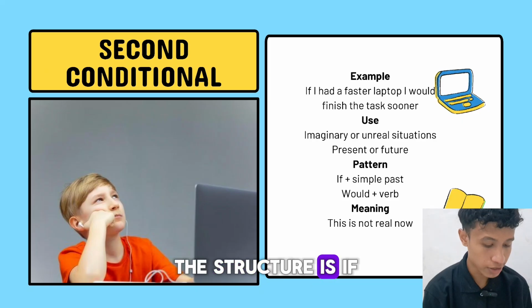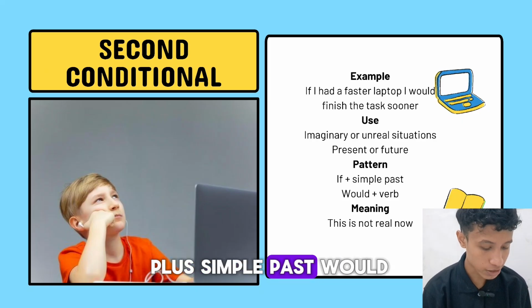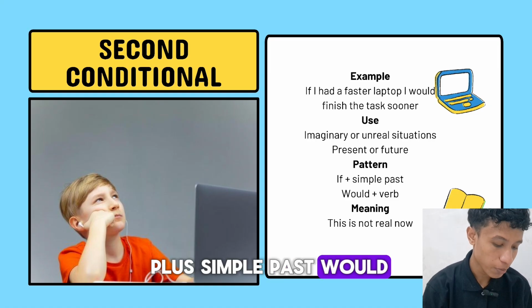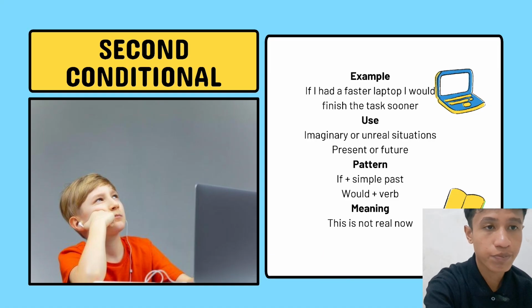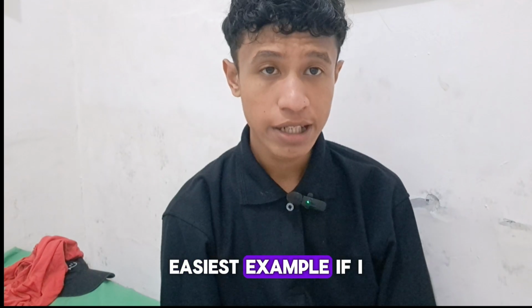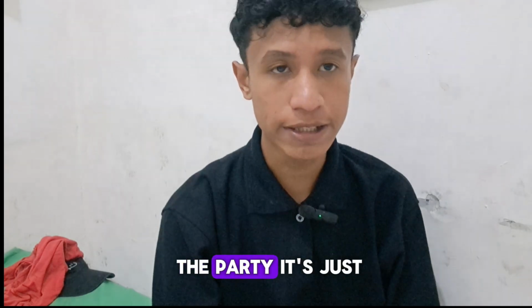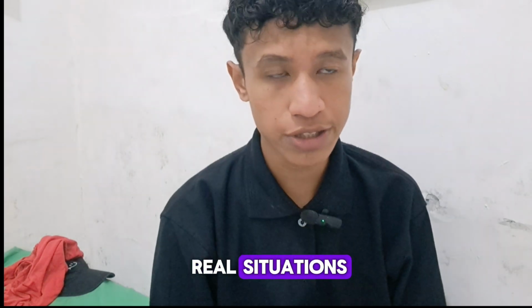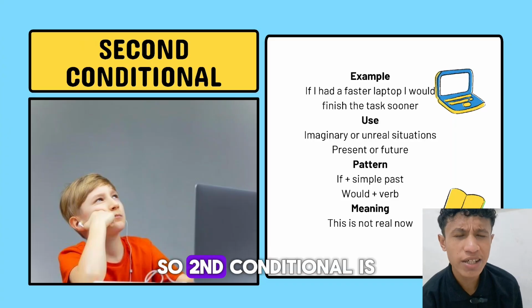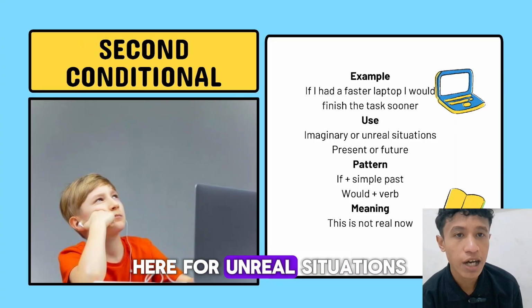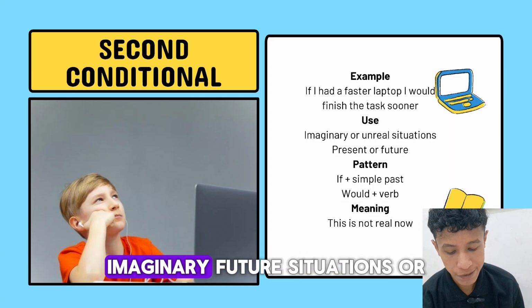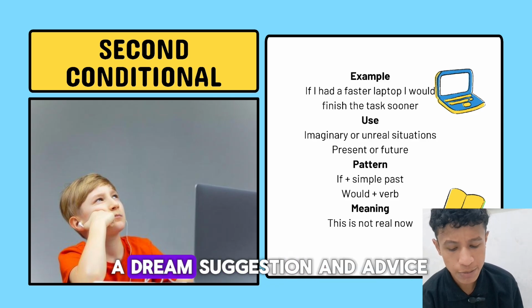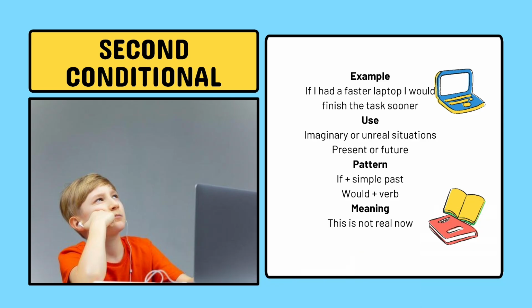The structure is if plus simple past, would plus base verb. Another example: if I were you, I would go to the party. It's just my imagination, not a real situation. So second conditional is used for unreal situations, imaginary future situations, or dreams, suggestions, and advice.